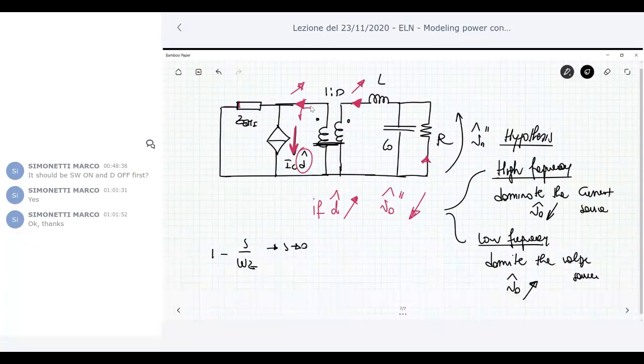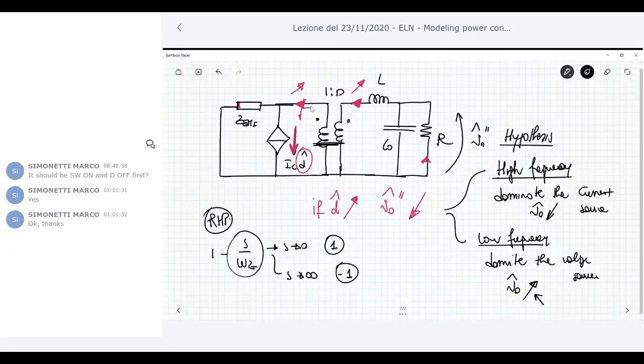At high frequency, so omega s is very large, this is -1, because it dominates, so there is a change of sign due to this right half plane zero. The same happens here: there is a low frequency range with a specific behavior of the output voltage, and at high frequency the output variation reverses its sign, so it is decreasing.